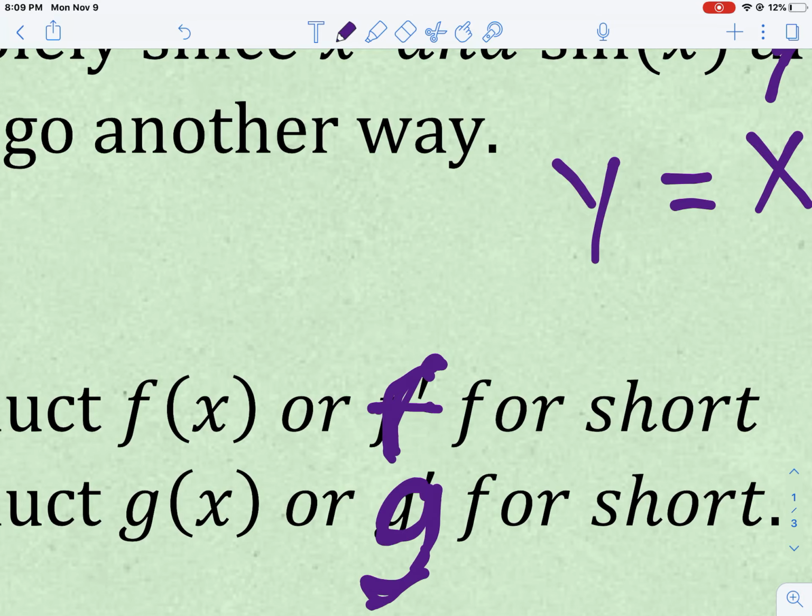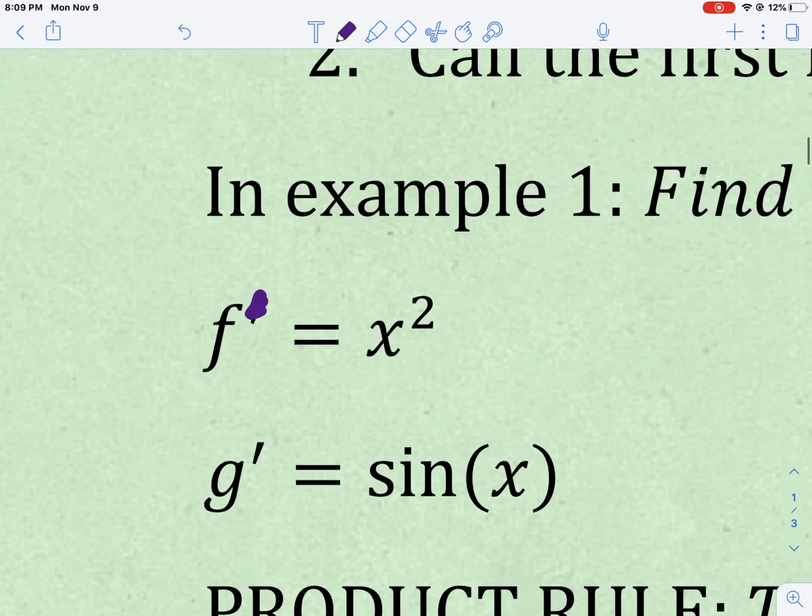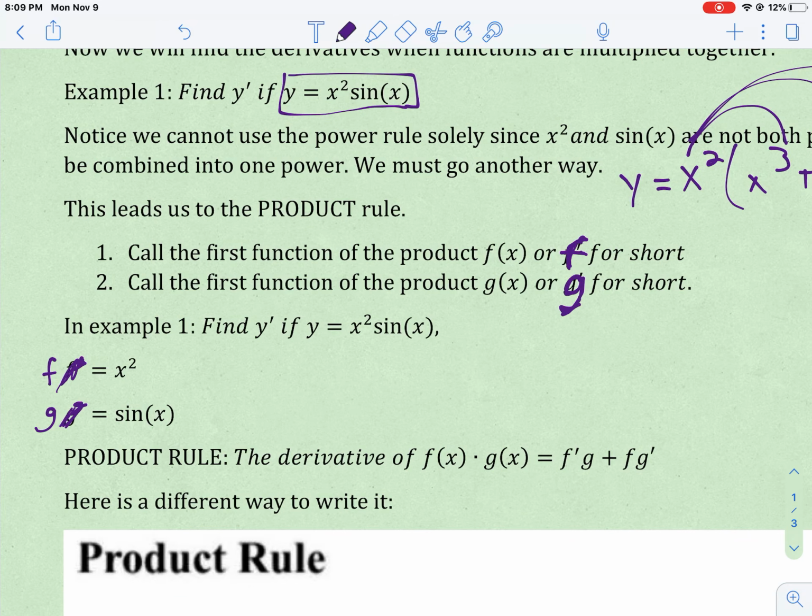So in our example one, let's call x squared f, or f of x, and sine of x we're going to call g, okay?